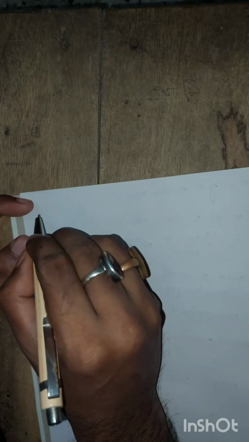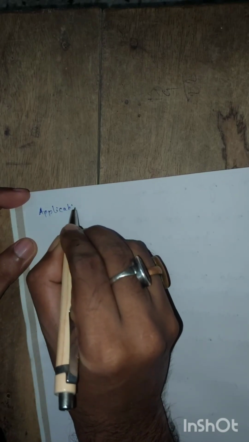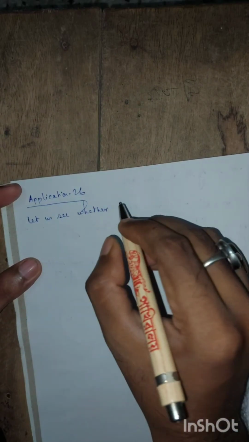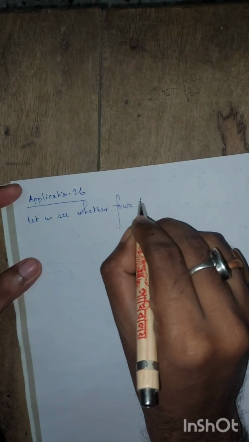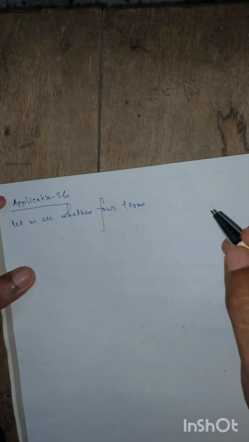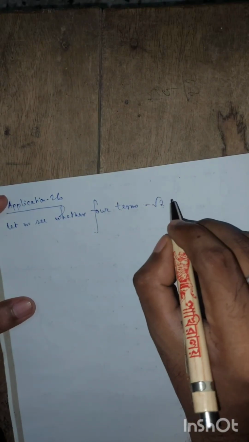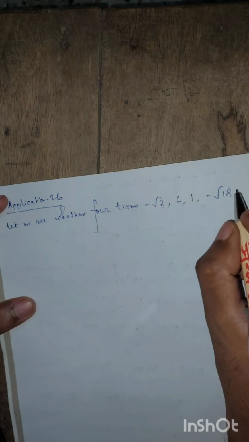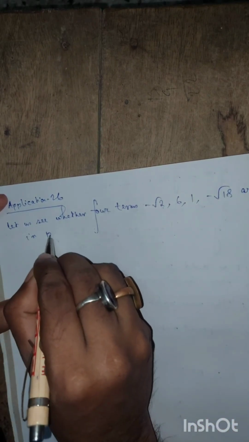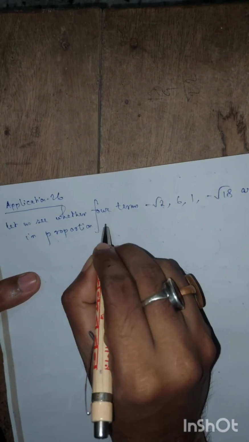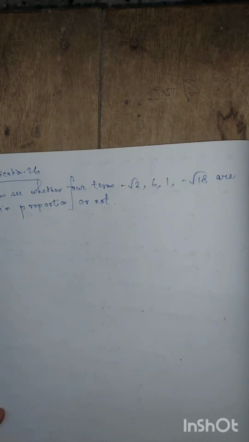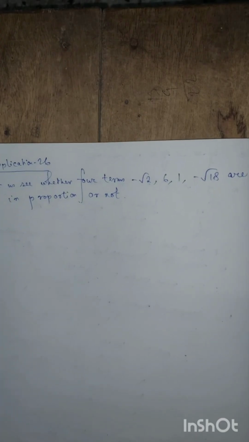Application 26. Let us see whether four terms minus root 2, 6, 1 and minus root 18 are in proportion or not.